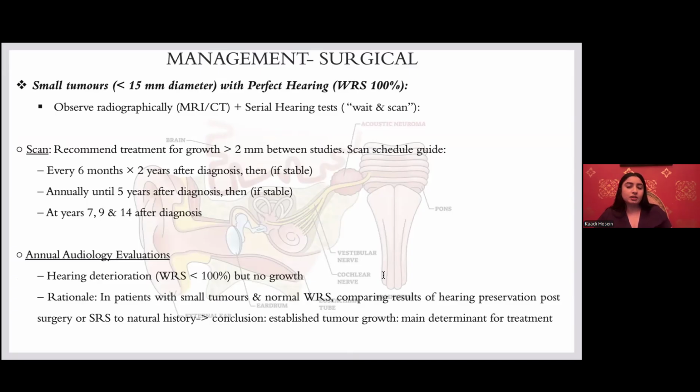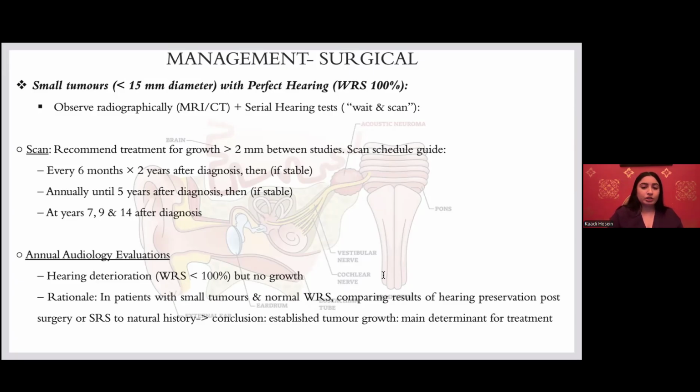For small, less than 50 millimeter tumor diameter with perfect hearing or WRS of 100%, one can observe radiographically utilizing the MRI or CT imaging in addition to serial hearing tests. This is referred to as the Wheaton scan. Treatment is recommended for more than 2 millimeter growth between studies using the following scan schedule shown here.